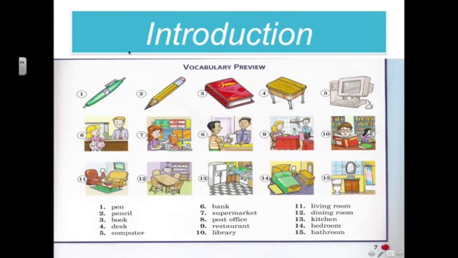Two, if you look at number two, you look here, what? Pencil. So first I will read all of these for you, and then I will ask you to read them after me. Okay, just listen now, relax, listen, focus, and then I will repeat it again, and you have to say it after me. So number one, what is it? Pen. Two, pencil. Three, book. Four, desk. Five, computer. Six, bank.